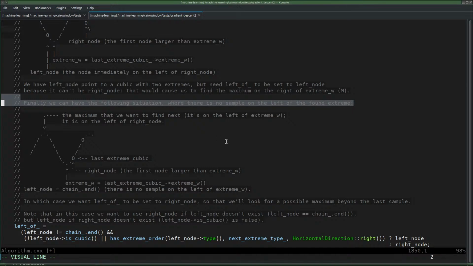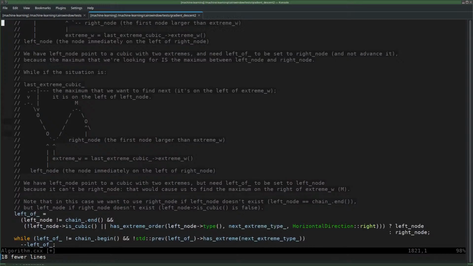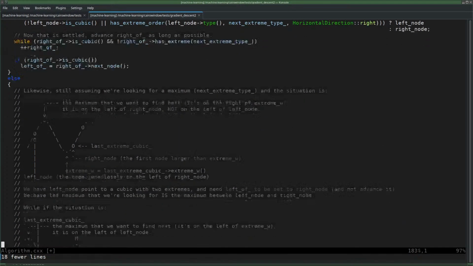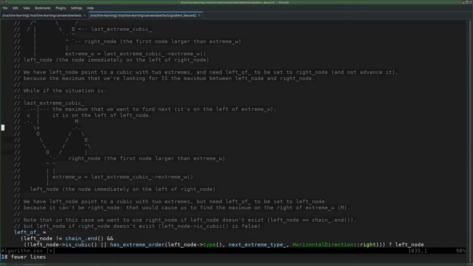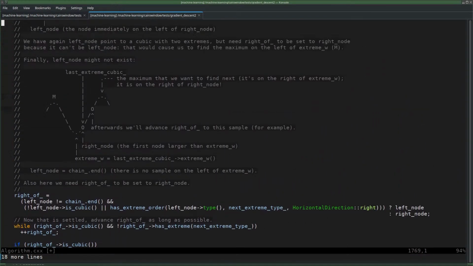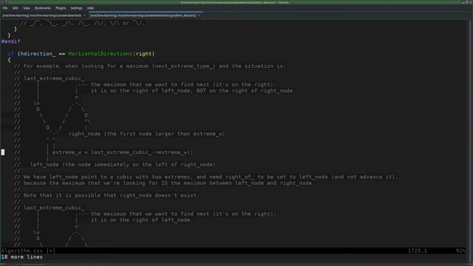Somehow already ran into it, I guess. Just leaving the comment there for now. Move this up. And then I want to copy my previous work from that order does not exist.